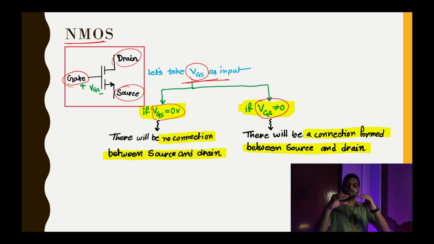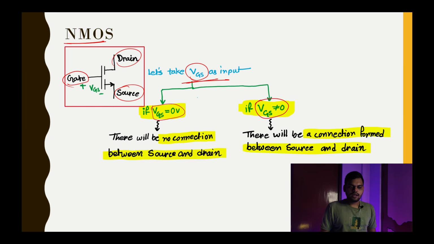Once we assume that the voltage difference between gate and source is present, the drain and source will be connected, there will be a voltage difference between them, and a current will flow.